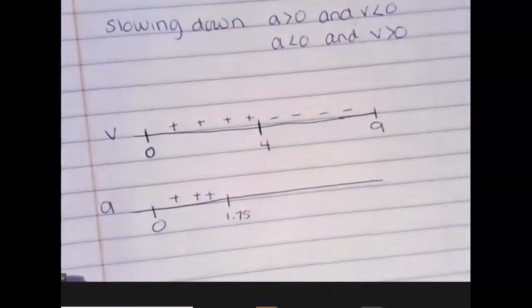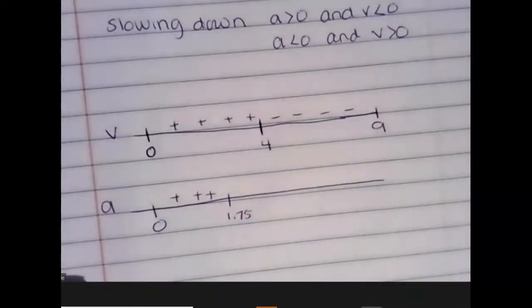Acceleration could be determined based on velocity. If velocity is increasing, our acceleration is positive, and that's coming from that table I've created. So that's about 0 to 1.75, where acceleration is positive.